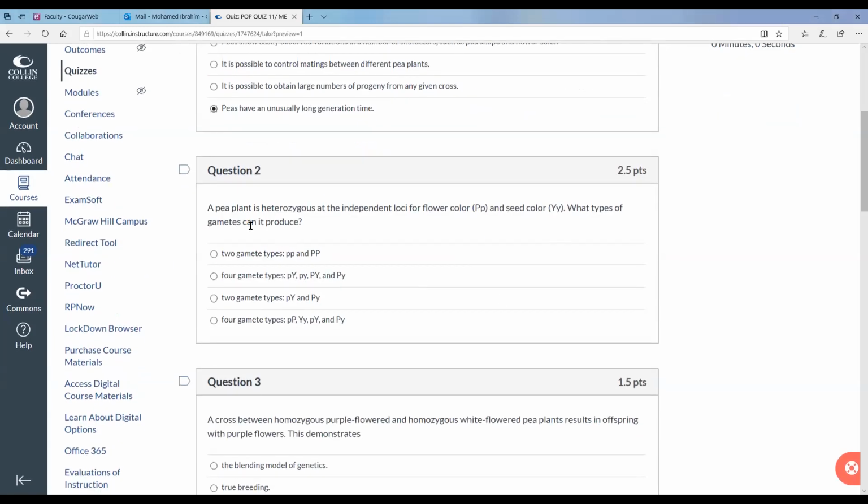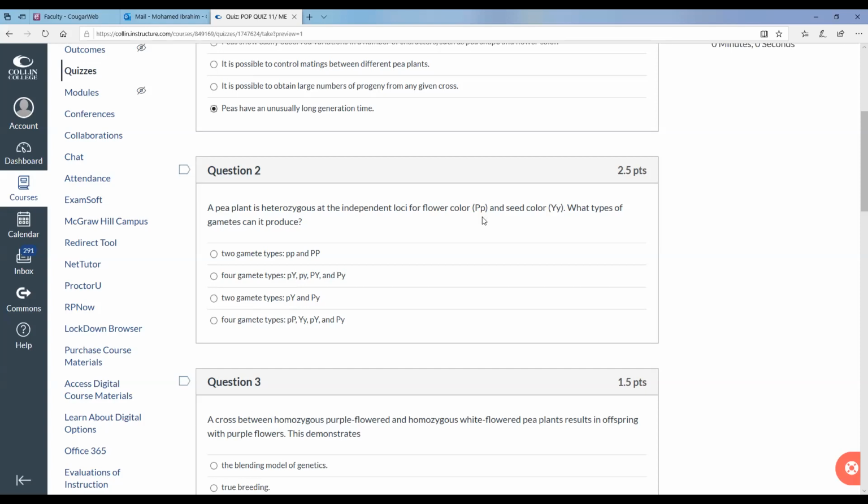Okay. When you say a pea plant is heterozygous, you now need to know the difference between homozygous and heterozygous. A heterozygous plant is when the two alleles are different. Like in this case, when you say heterozygous, you have two alleles that are not the same. If they are the same, meaning P capital, this is homozygous.